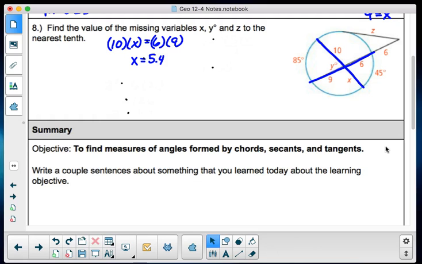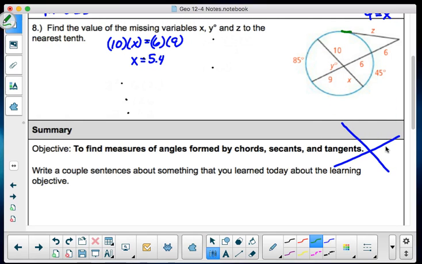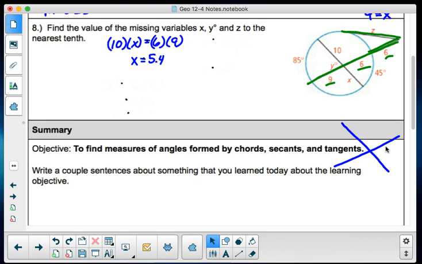The next thing, since I'm doing sides, I'm going to talk about the outside times the entire length. Z squared is equal to 6 times 6 plus 9. Remember, 6, 6, and 9, that's what I'm using. 6 plus 9 plus 6 is 21, times 6.